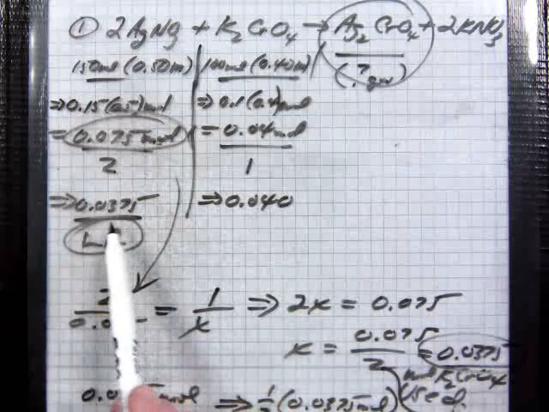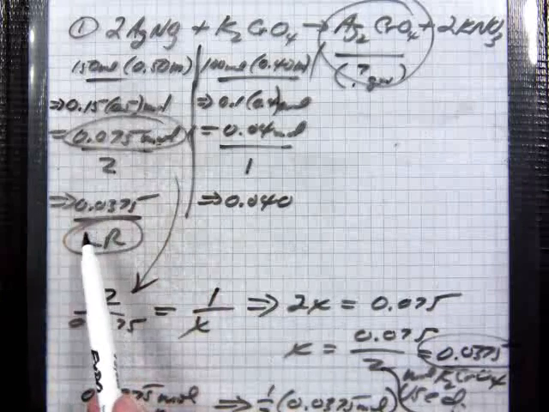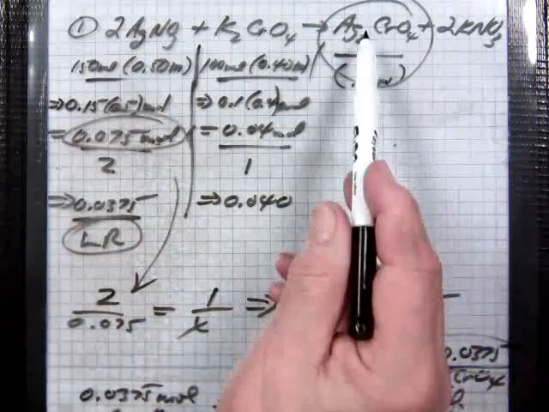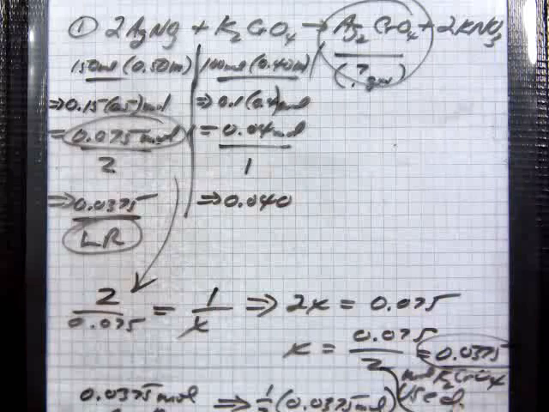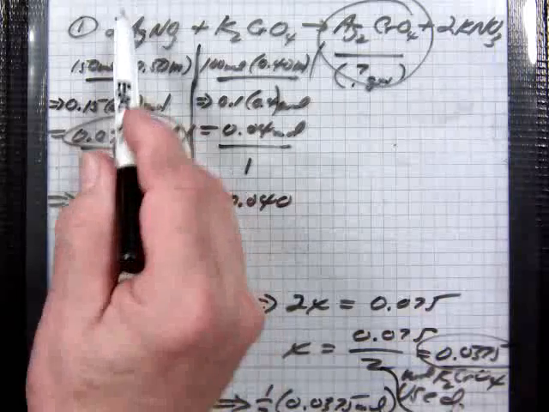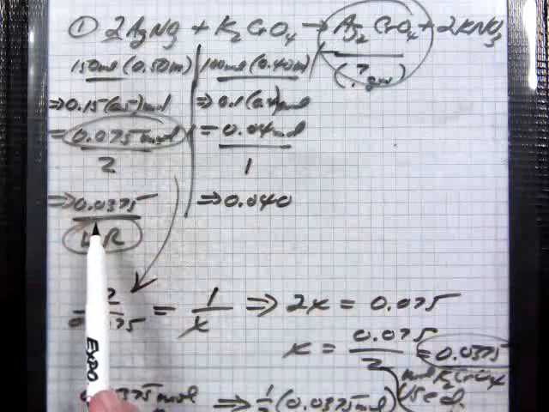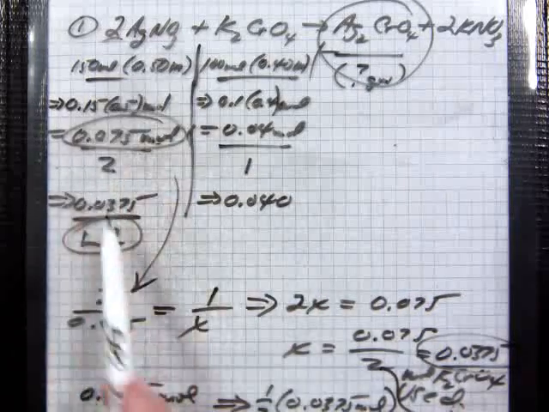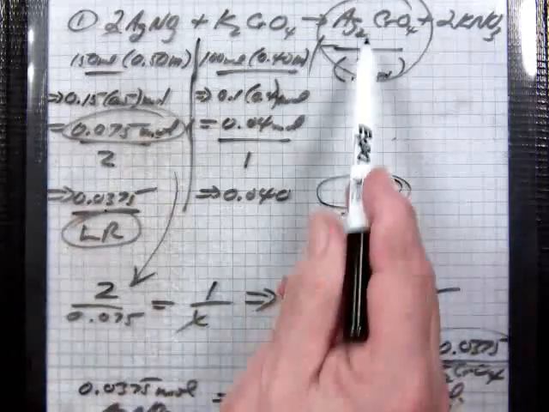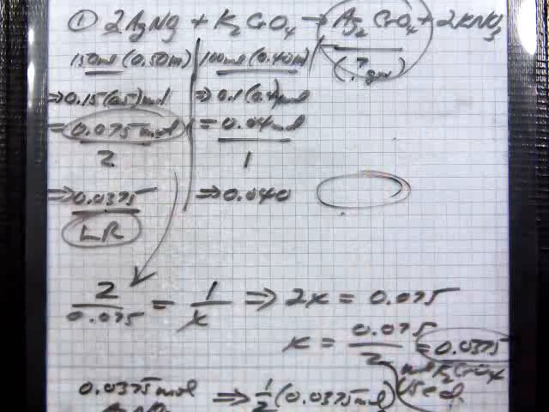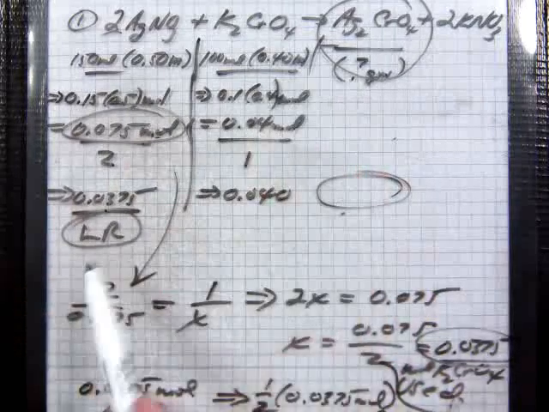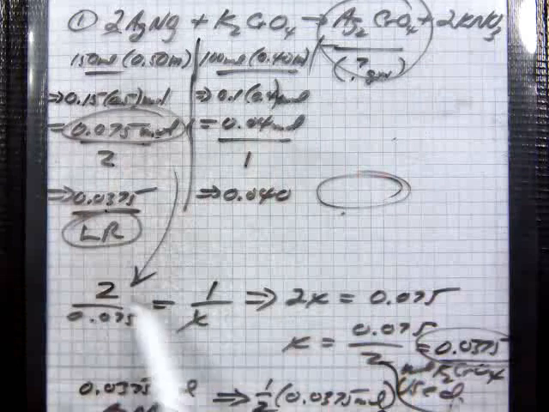And so this one being the limiting reagent defines whatever amount of silver chromate. And since it's a 2-to-1 reaction ratio, we're using twice as much in moles of silver nitrate as we would use of the silver chromate. Anyway, we divide that one by 2.